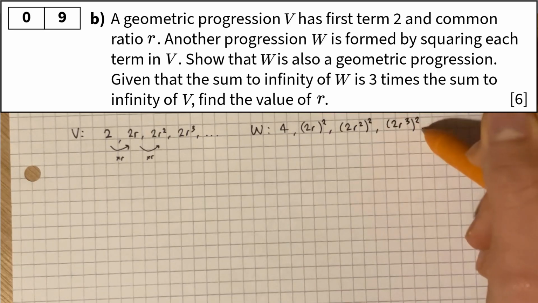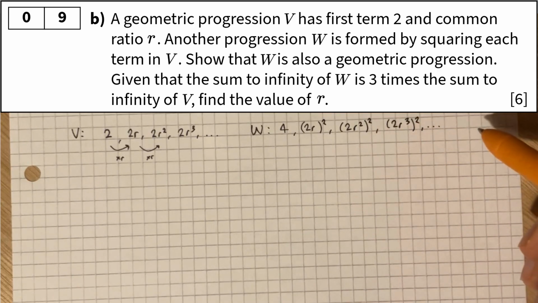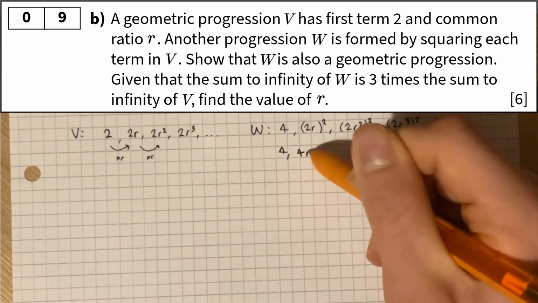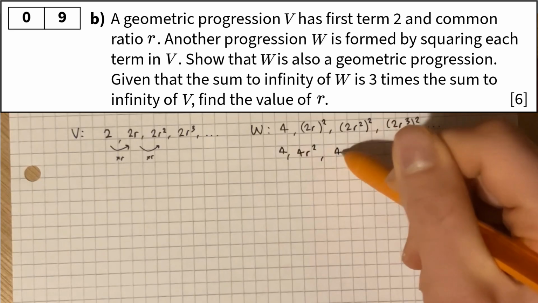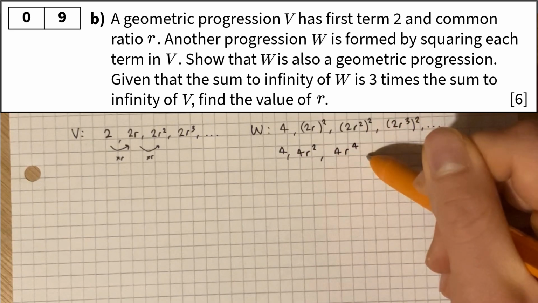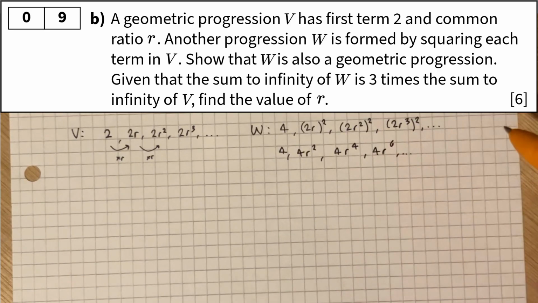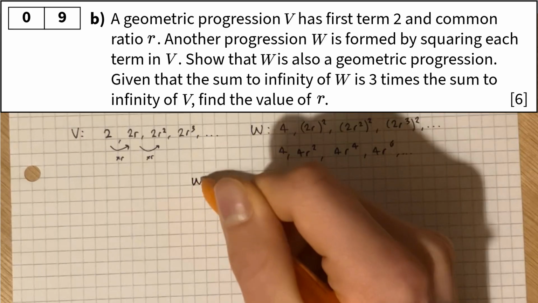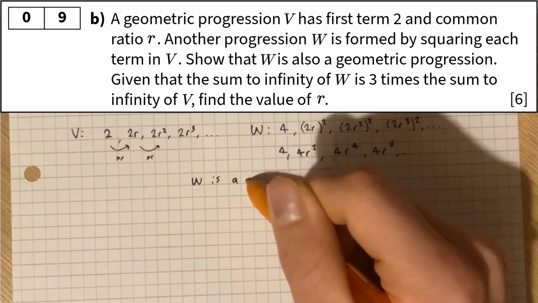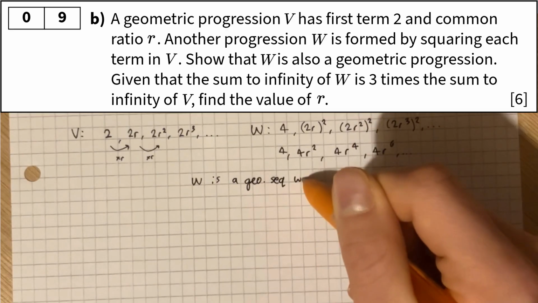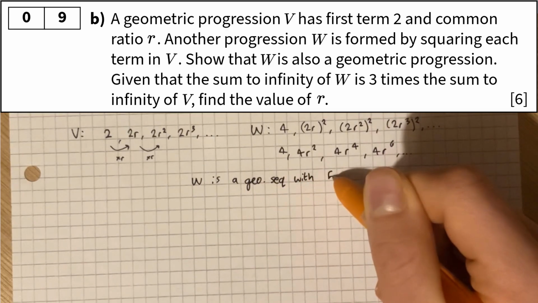And our first job is to show that this is indeed a geometric progression. So let's do a little bit of expanding. We're going to get 4r squared, 4r to the power of 4, 4r to the power of 6. Is this a geometric progression? Well, yes. The first term is 4, and after every term, we are timesing it by r squared.